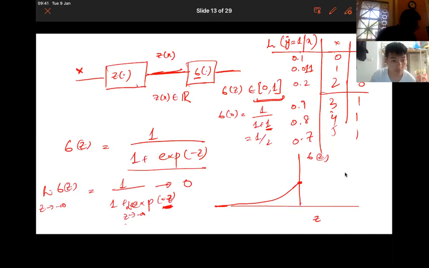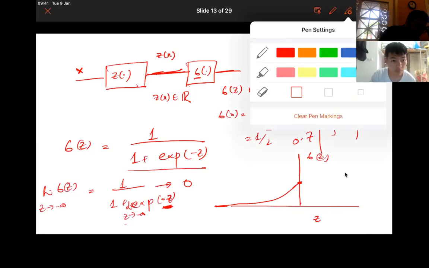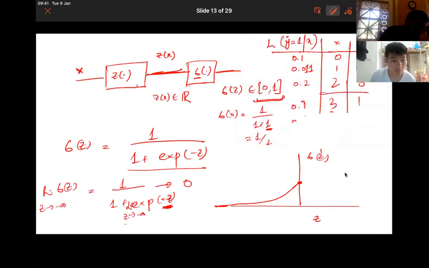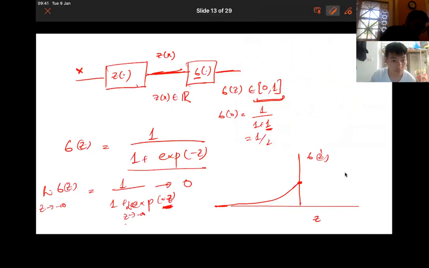Now let's look at the value of sigmoid at positive infinity, as z approaches positive infinity. So limit z approaches positive infinity, 1 divided by 1 plus exponent minus z. So as z approaches positive infinity, minus z would approach negative infinity, and exponent of minus z as z approaches negative infinity is 0, right?